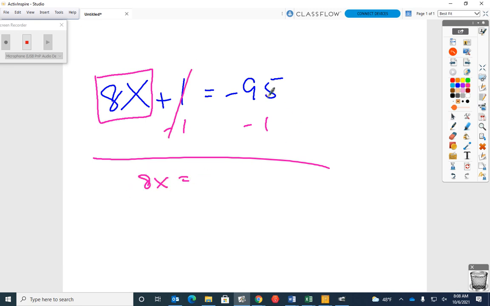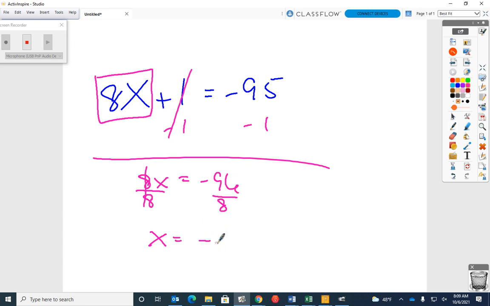If you owe me $95 and you borrow another one, how much do you owe me? 96. Okay. What's happening to x? It's being what? It's being multiplied. 8x means multiply 8 times x, right? How do I undo that? Divide each side by what? By 8. These cancel. What is negative 96 divided by 8? First of all, negative divided by a positive is definitely going to be a what? Negative.